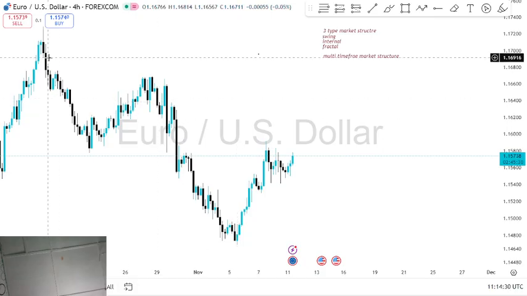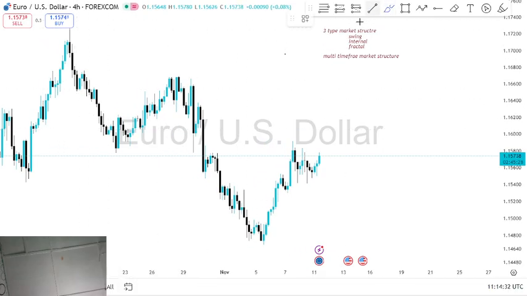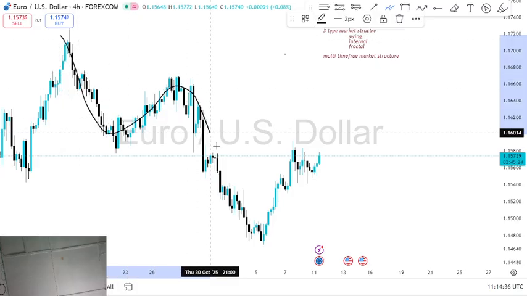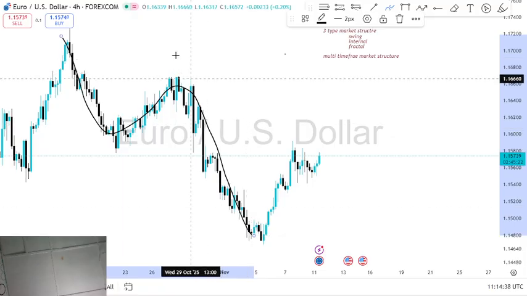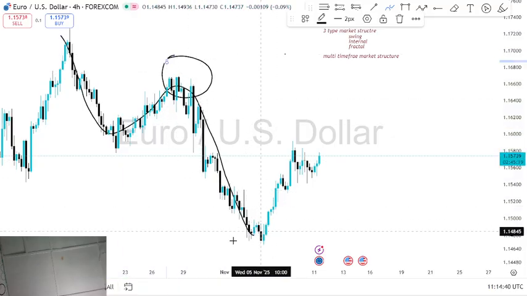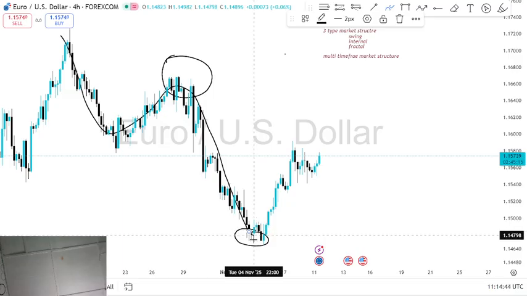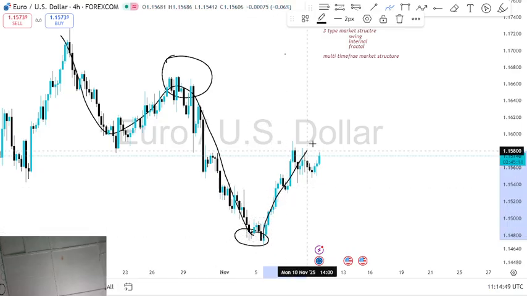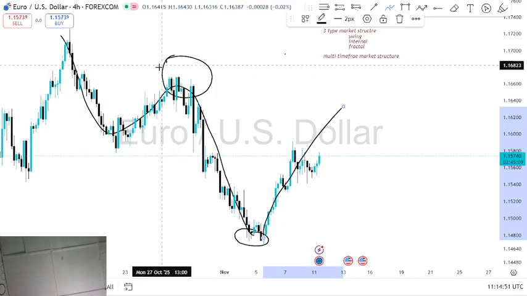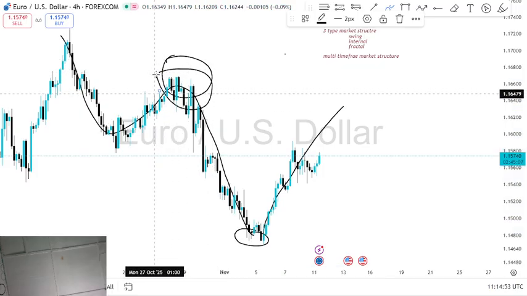that the big trend, the big market structures, the big highs and lows, right, are the swing structures. Swing structure is king. It is the biggest structure until, let's say, this swing structure will break.